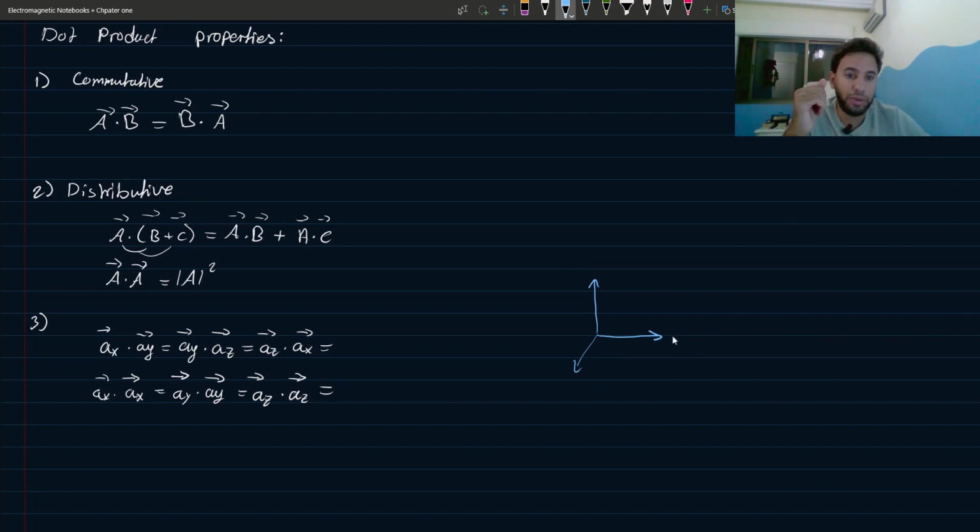As you may know, the unit vectors are perpendicular to one another. So AX dot AY share a 90 degrees angle, AY dot AZ share a 90 degrees angle, and AZ dot AX share a 90 degrees angle. Hence, when you take the dot product of any two of the three different unit vectors, you get a value of 0.